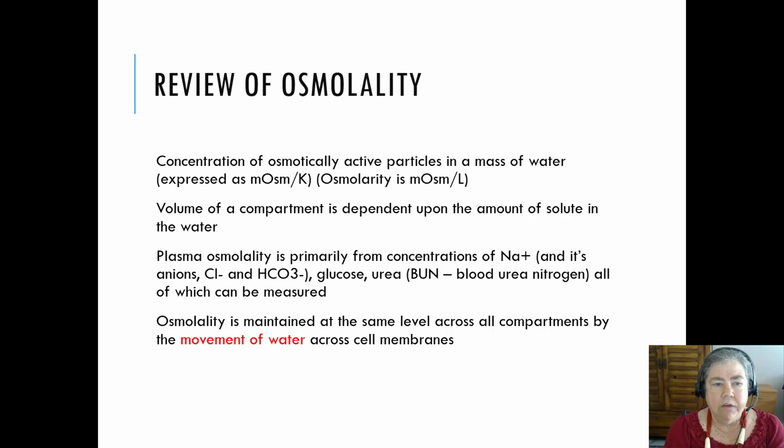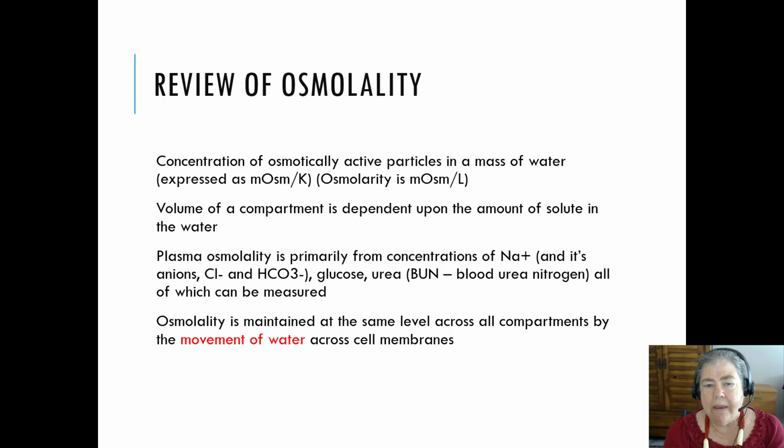Now, the volume in a given compartment is dependent on the amount of solute in the water, and that solute is primarily certain electrolytes, including sodium and its anions, chloride and bicarb, and then the small molecules, glucose and urea.